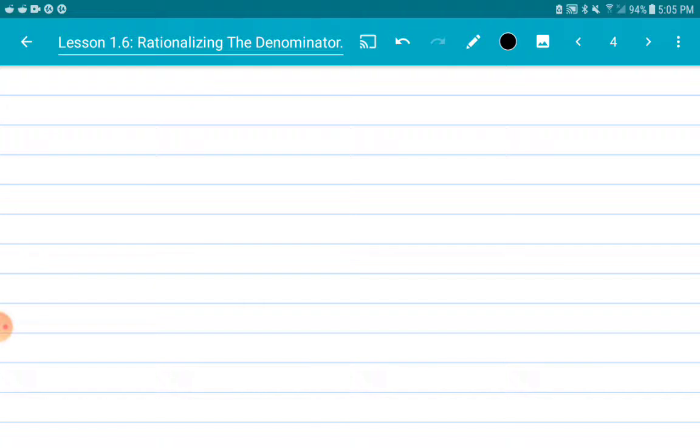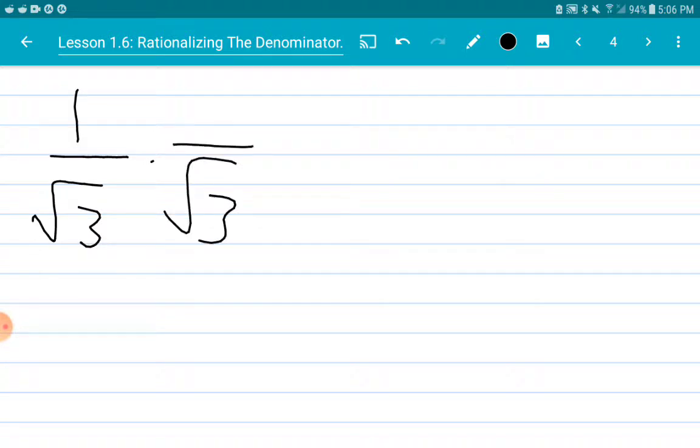To summarize this lesson, in order to rationalize the denominator, you have to multiply top and bottom by the square root.